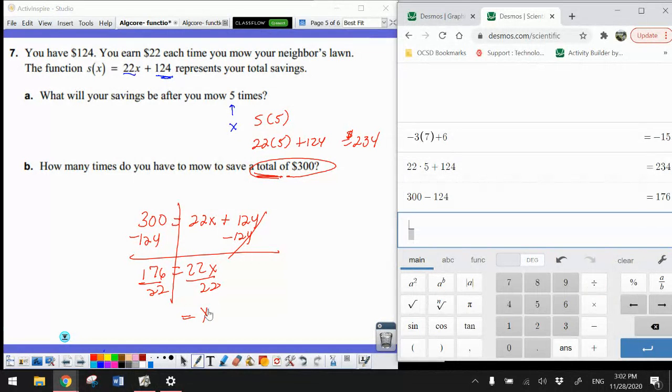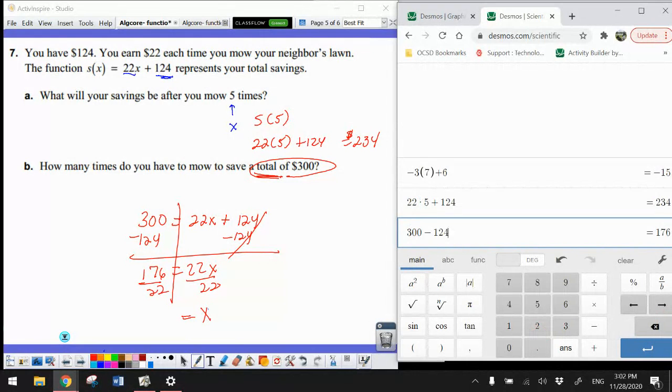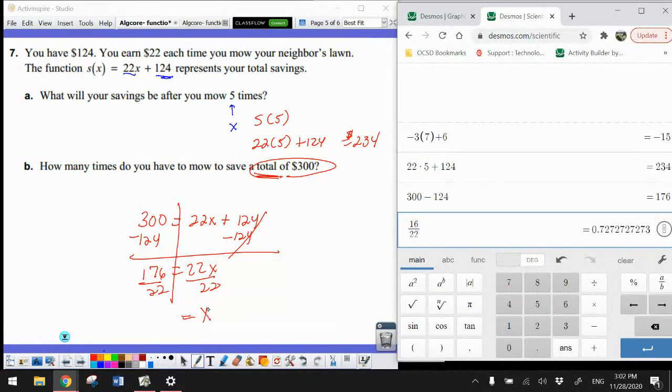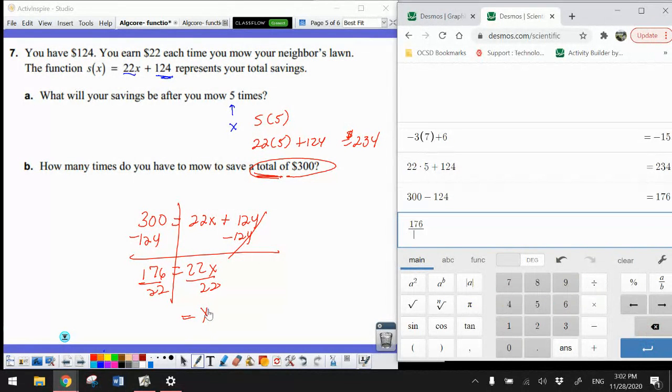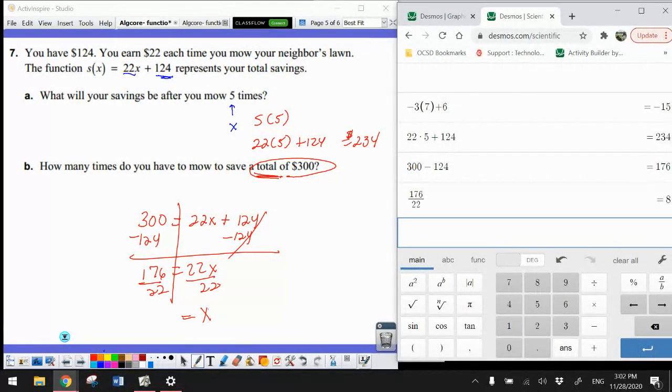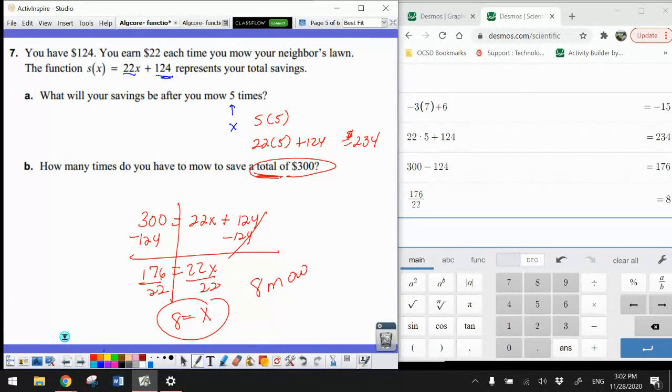So 176 divided by 22 is 8. So that means I have to mow 8 times. I have to mow 8 times to get a total of $300.